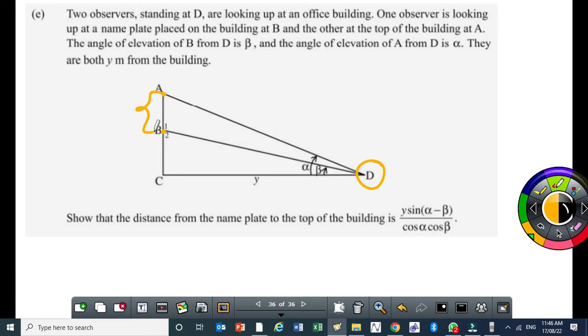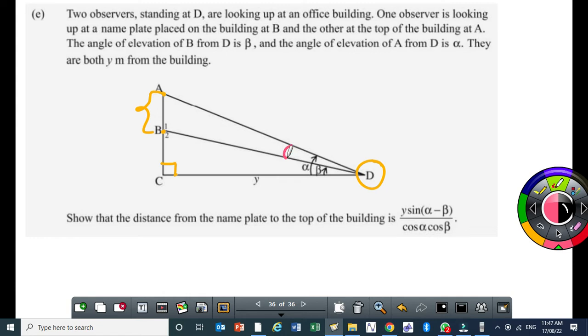Okay? If I want to calculate AB, based on the information that's here, obviously there must be a right angle there, because this is a building, so it must be perpendicular to the horizontal plane. So I can determine the size of this angle here. You see this angle here?